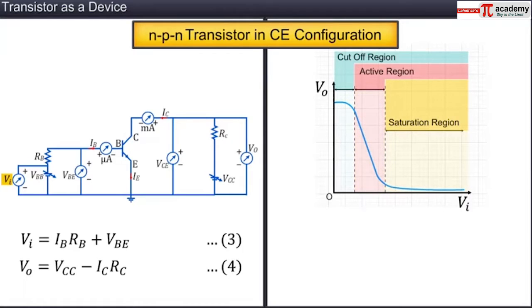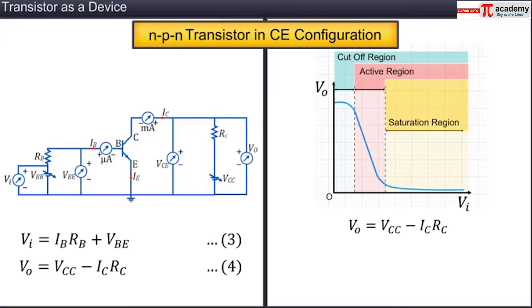In the active state of the transistor, the collector current IC increases linearly with increase in input voltage VI. Then, the output voltage VO is equal to VCC minus IC into RC. The output voltage VO decreases linearly till its value becomes less than 1 volt.